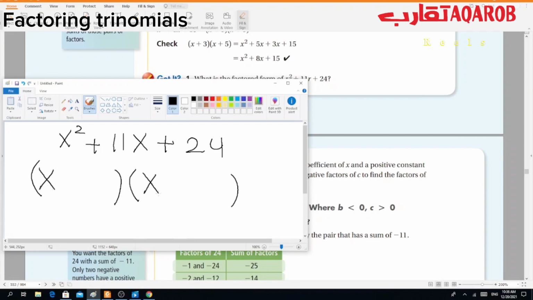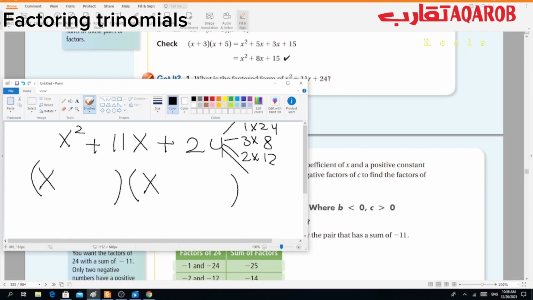Then I will use a table here to find the products of 24. So I know that 24, for example, is 1 times 24. It's 3 times 8. It's 2 times 12. And as you can see here, what else makes 24?